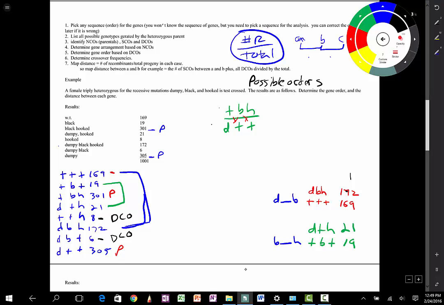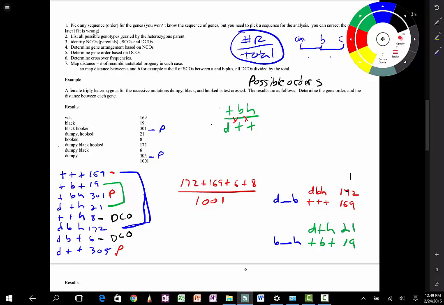So this distance is going to be 172 plus 169 plus the double crossovers are 6 and 8 over the total of 1001. Couldn't have made that 1,000 just to make life easy. So let's see. Get my handy dandy calculator out here. 172 plus 169 plus 14, because that's 6 plus 8, divided by 1001 equals, well, that can't be right.